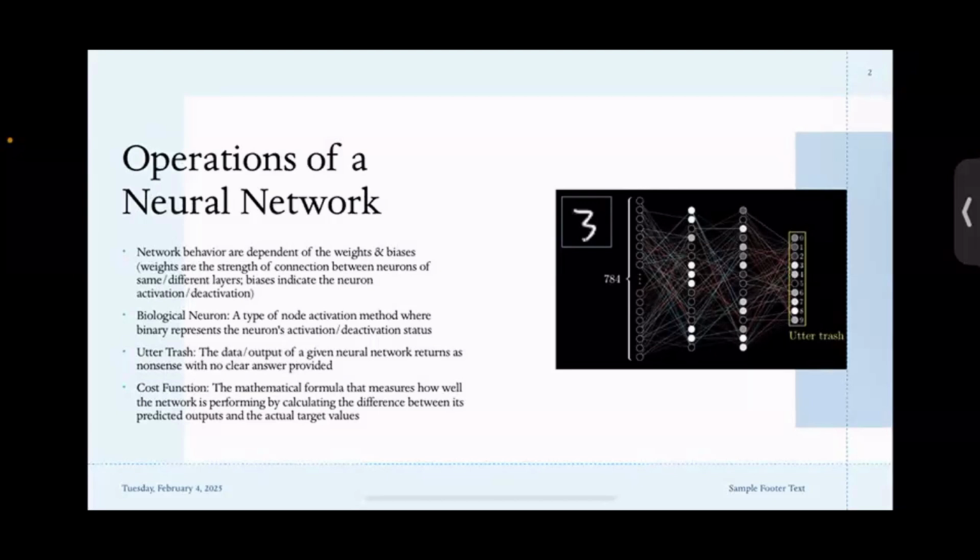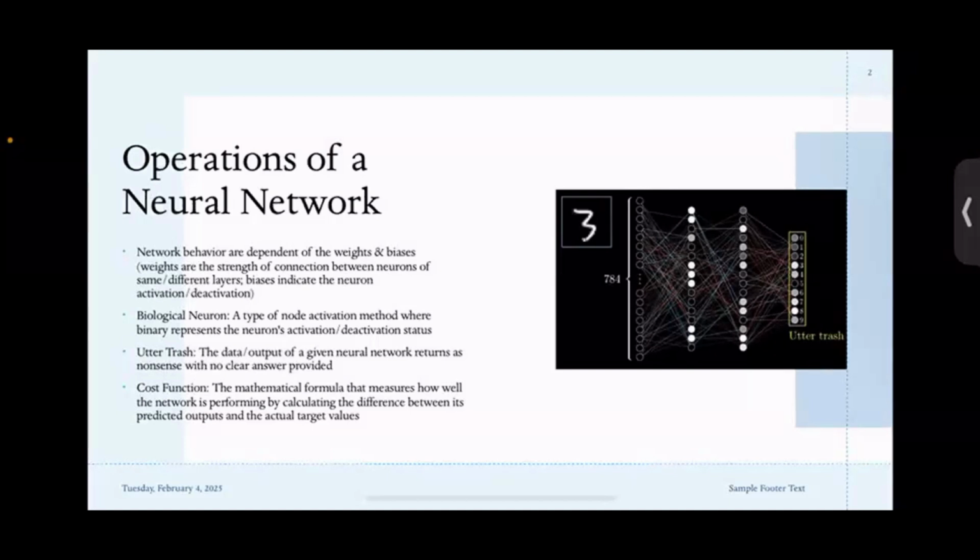But because it activates multiple different neurons, the output doesn't give us 3 specifically. It gives us a wide range of different outputs because they all technically are activated at the same time.